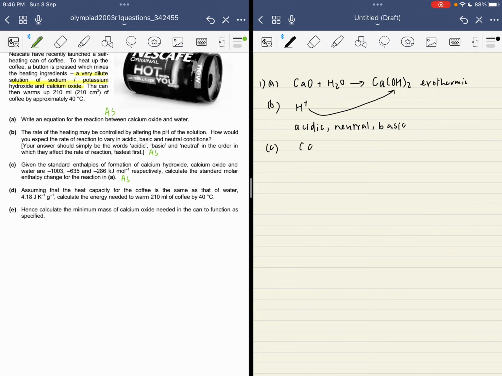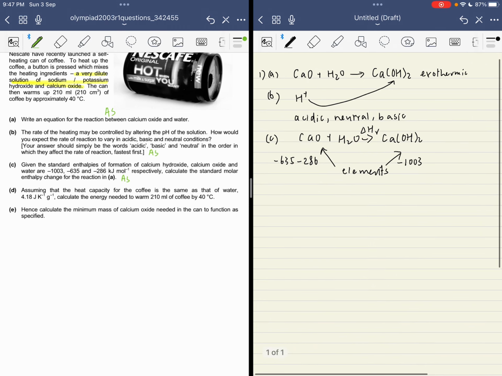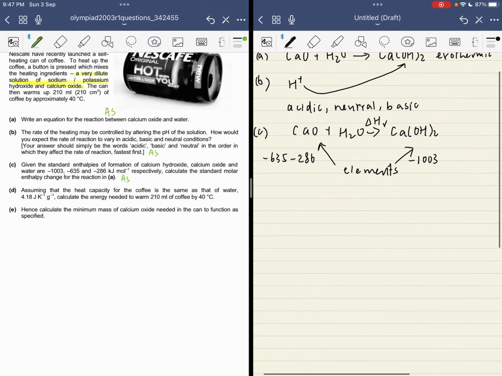So for the reaction in A, the standard enthalpy change of formation of the reactants would be negative 635 and negative 286 kilojoules per mole, and for calcium hydroxide it's negative 1003 kilojoules per mole. So we are interested in finding the enthalpy change of reaction of this particular reaction.